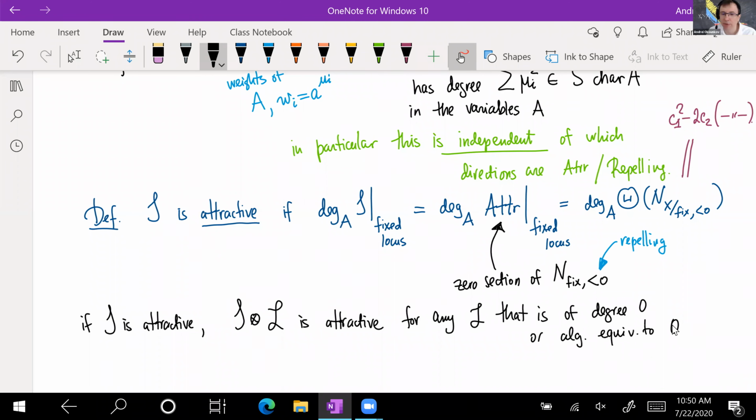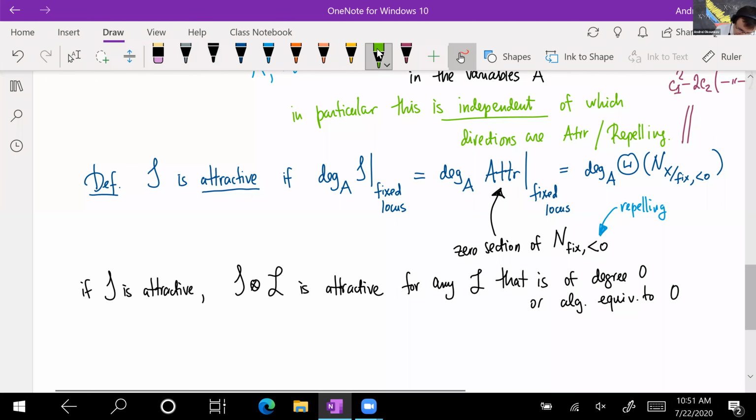That's obvious. And in fact, the set of attractive bundles is like a torus or principal homogeneous space over things which have degree 0. Degrees of bundles add upon tensor product. And this is, maybe this is the main point.